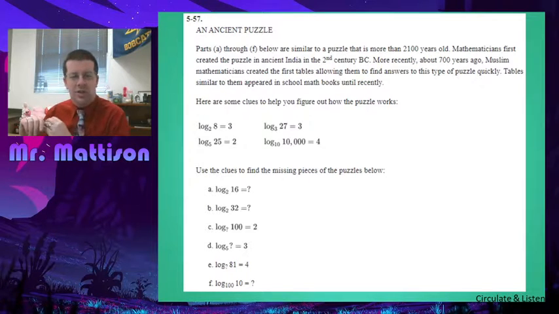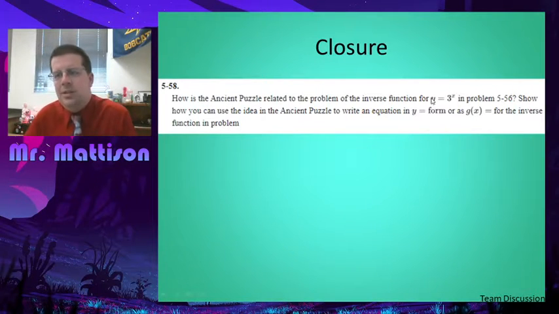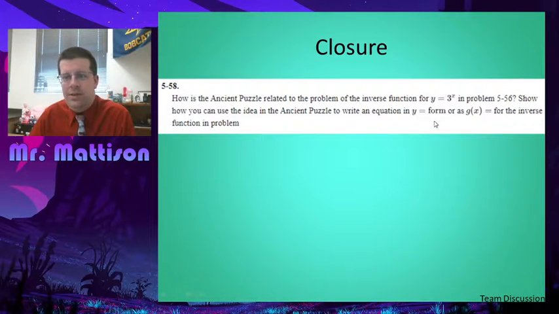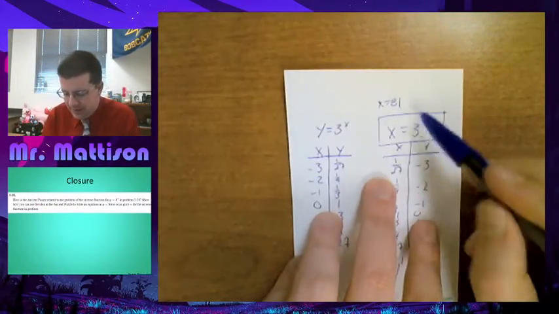I'll spoil what these are, but these are called logarithms, and they are the inverses of exponential functions. Okay, so let's try and rewrite our inverse from the first problem with this logarithm stuff. So let me hop back over to this view. So we were looking at this.